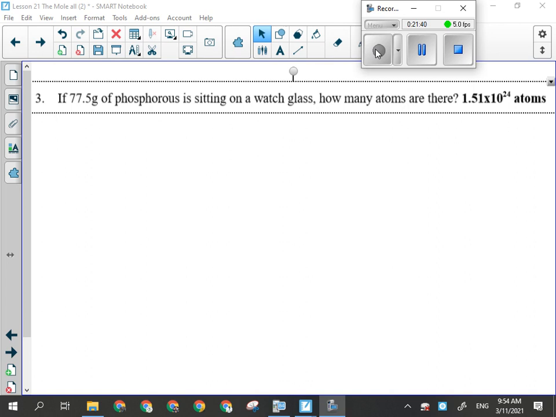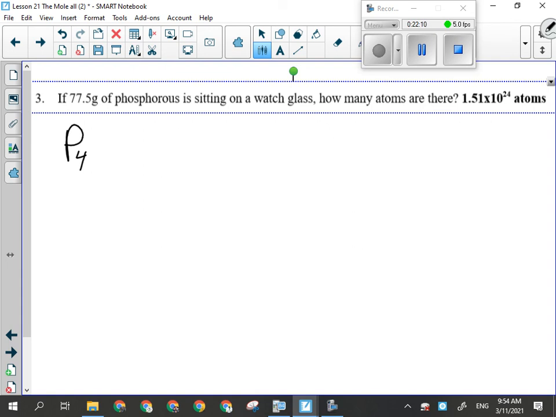Okay, so number 3 is a lot like the oxygen one we did at the end of the day yesterday, where we were telling the difference between a molecule of oxygen, which is O2, and single atoms of oxygen. This is the same because phosphorus is a molecular element. When I look on the periodic table, I know that phosphorus comes this way, as P4. But when I look at the atomic mass for phosphorus, it's not for P4, it's for one single atom.